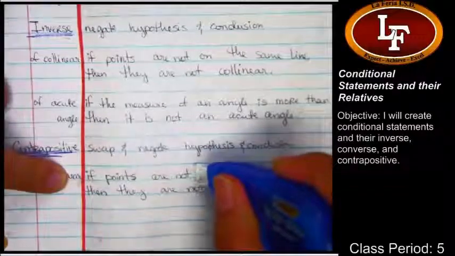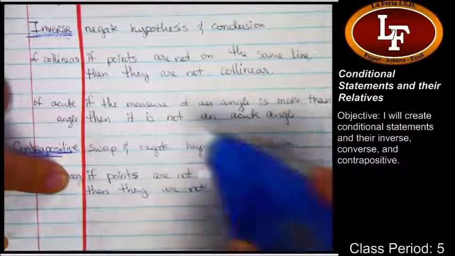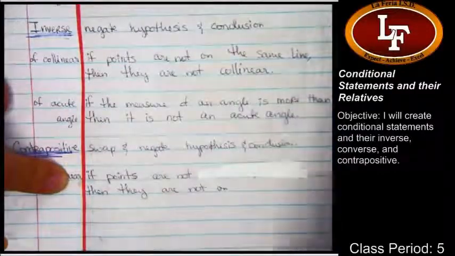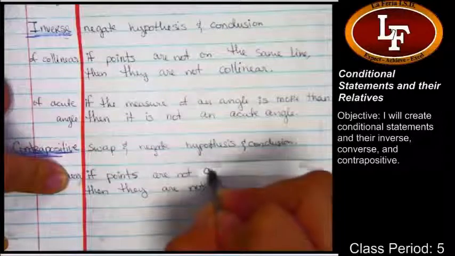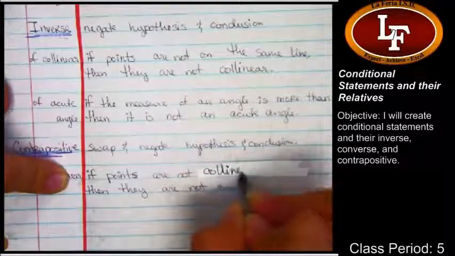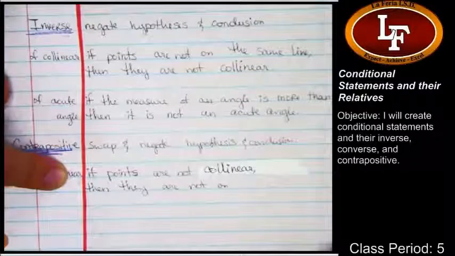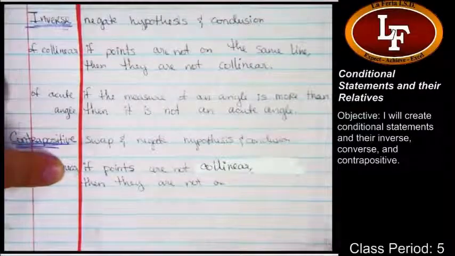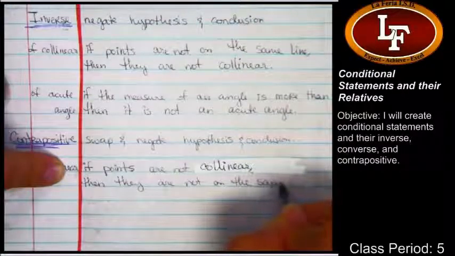I looked at the wrong line. Why didn't someone say something? Isn't my whiteout awesome? There, it's done. Now I can write over it. No weird smell, no needing to wait for it to dry. It's like tape. Then they are not on the same line.